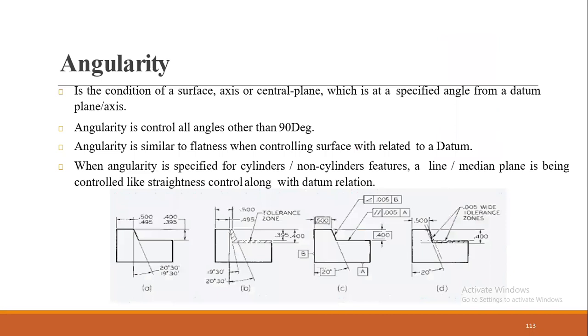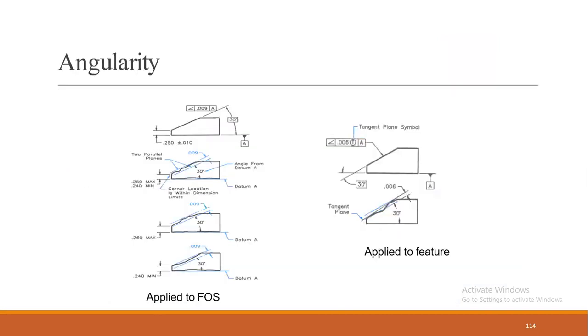Same with angularity. If we have this existing part, now we will assign some tolerances. I will create two lines, one above your profile and one below your profile. If this surface comes under these lines, you will get an exact part.